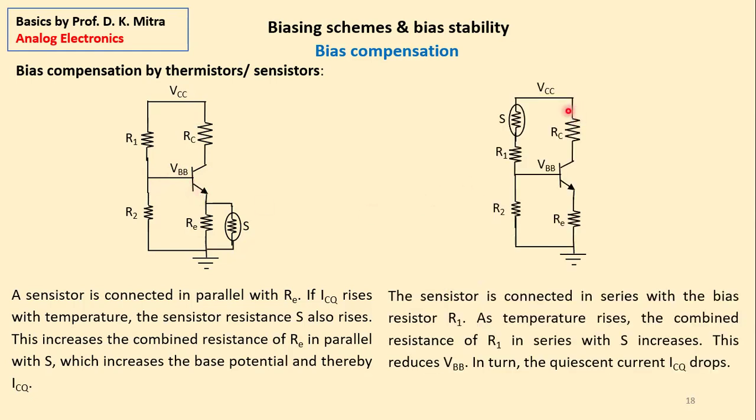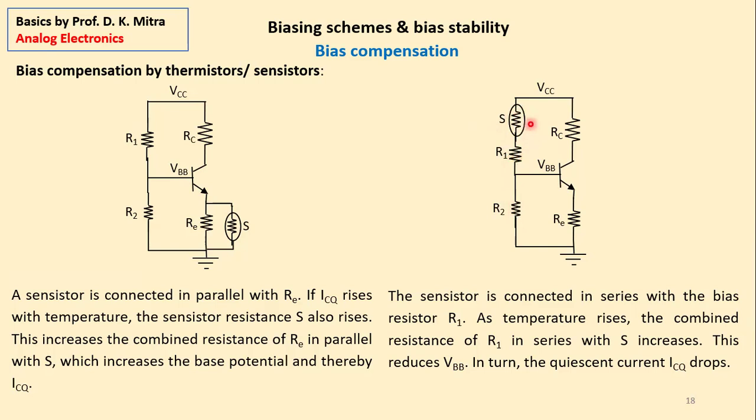This is a sensistor here. Here, as temperature rises, the combined resistance of these two also rises, right? Then if these two rise, the potential VBB decreases. I think you understand that. This is a potential divider. So the potential here depends upon the ratio of R1 plus S and R2.